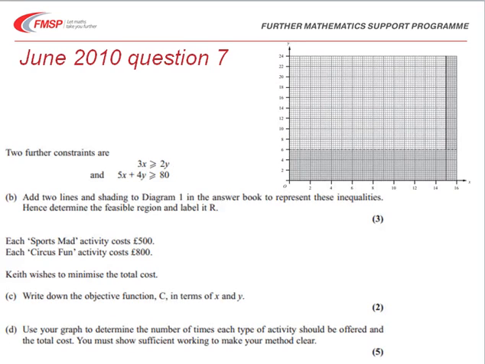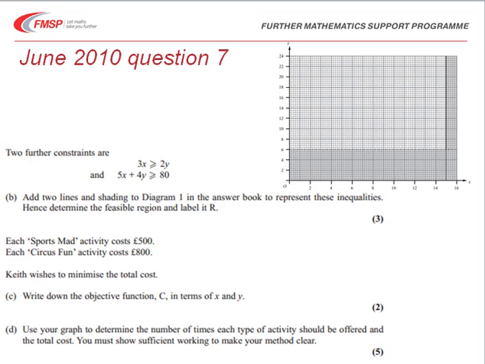And then the question goes on to say that there are two further constraints that we are to add onto the diagram in the answer booklet, and to represent these inequalities and hence determine the feasible region, labeling it R. Once we've done that, we're told that the sports mad activity costs £500 and the circus fun £800, and Keith wishes to minimize the total cost.